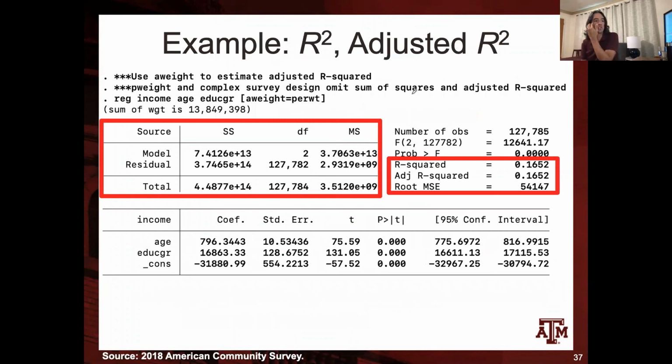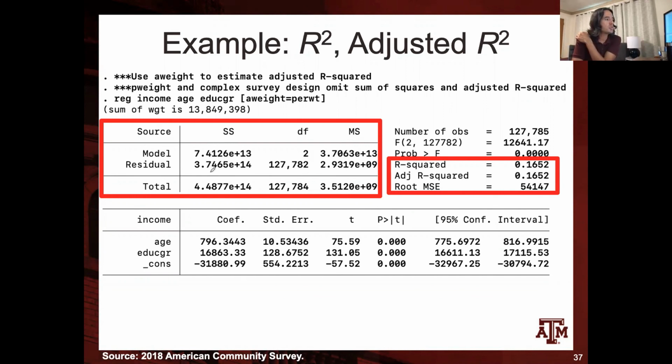So these portions that I talk about now are shown in the regression in this table here in the top left, and also the R-square is here, the adjusted R-square, and the root mean squared error. To estimate this table here, if I use the complex survey design, or if I use the p-weight, this table is not calculated.